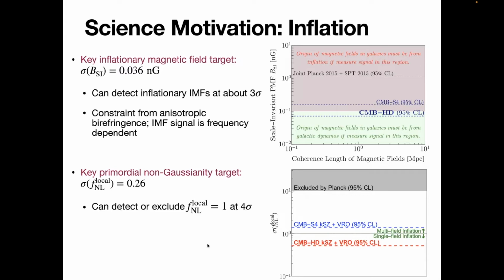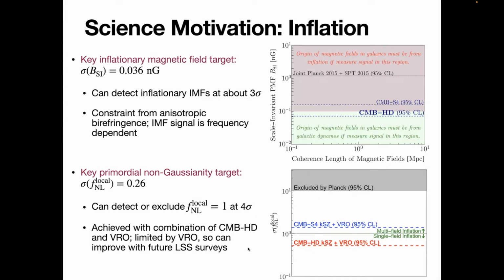And that could allow us to detect or exclude this key target of fNL local of 1 at about 4 sigma. But another point to make with this is that this is limited by the galaxy survey of the Vera Rubin Observatory. So future large-scale structure surveys could allow us to get this constraint even lower.